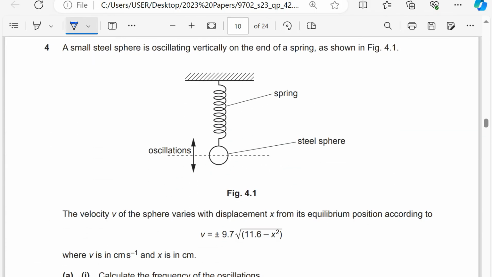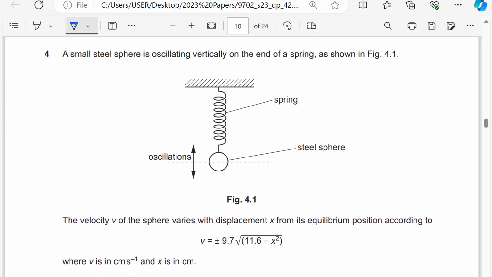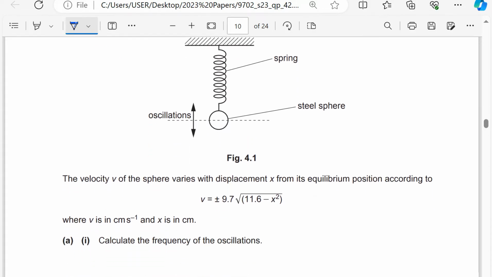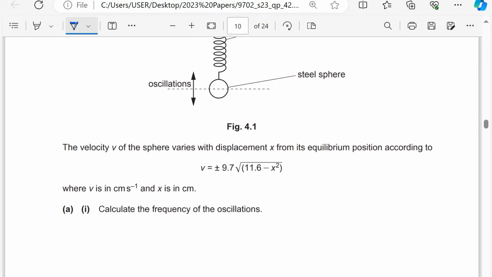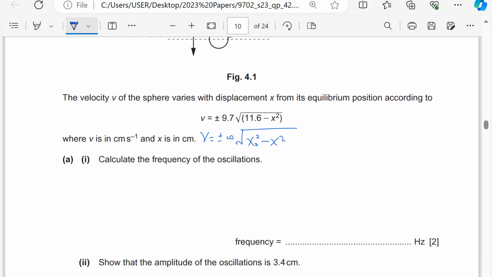I think it's simple harmonic motion. The velocity v of the sphere varies with displacement x from its equilibrium position according to this equation here. So you compare this with v equals plus or minus omega square root of x naught squared minus x squared, where x naught is the amplitude. Calculate the frequency of the oscillations.